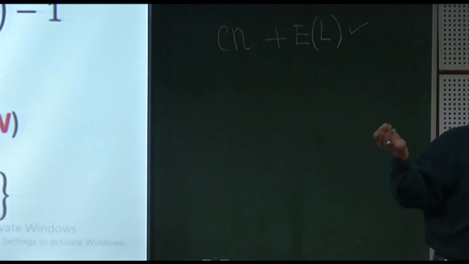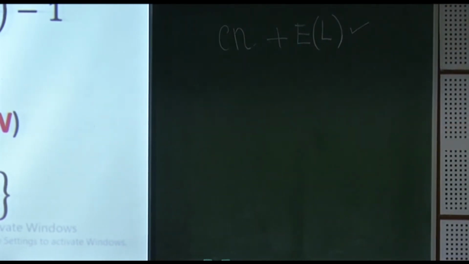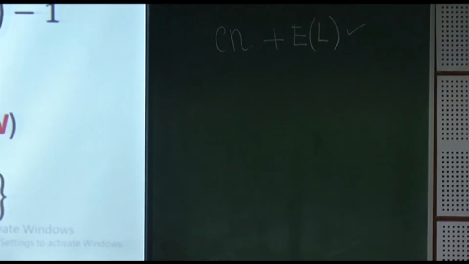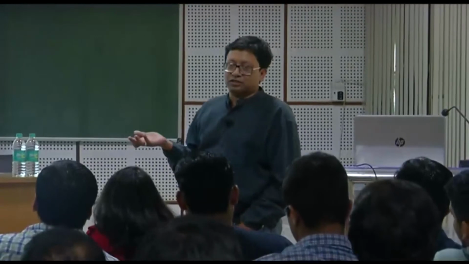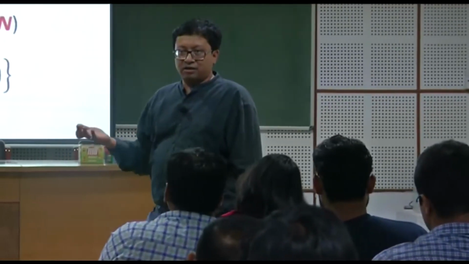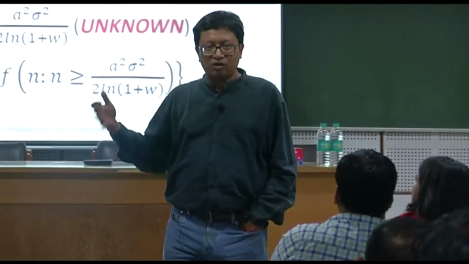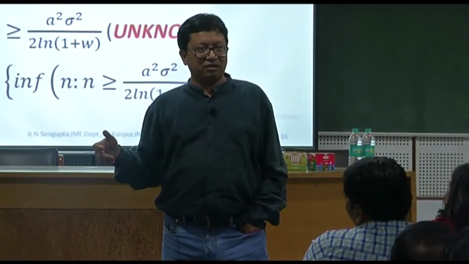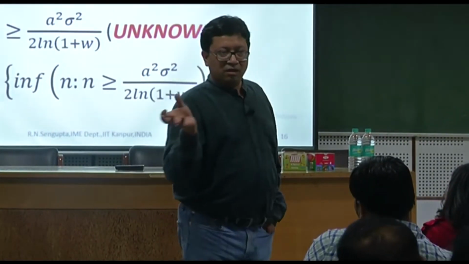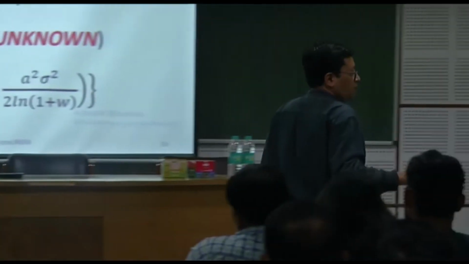For example, you are ordering goods and you are getting discounts. In the first 100 you pay, say, 100 rupees per unit. Then you order, say, 101 to 200, and the cost decreases. So obviously it's a non-linear function. So you have to make a compromise between them.